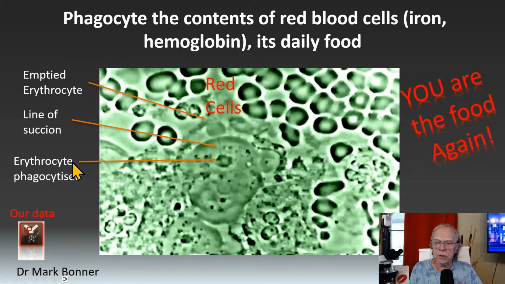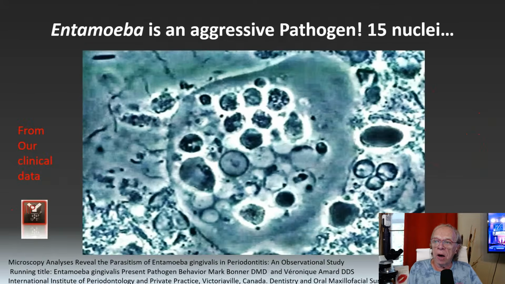Okay, so the erythrocyte is phagocytized by the amoeba. So you are the food when you have periodontal disease. Your red cell, your white cell is the food of those parasites. So very aggressive, up to 15, sometimes 20 nuclei have been eaten here.